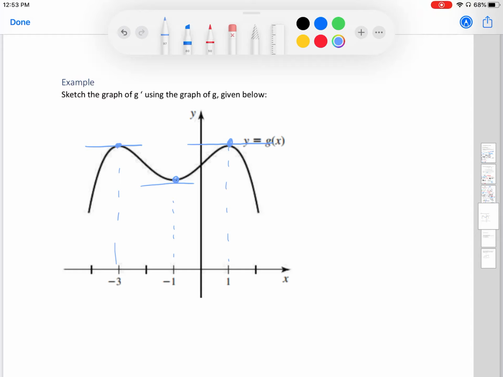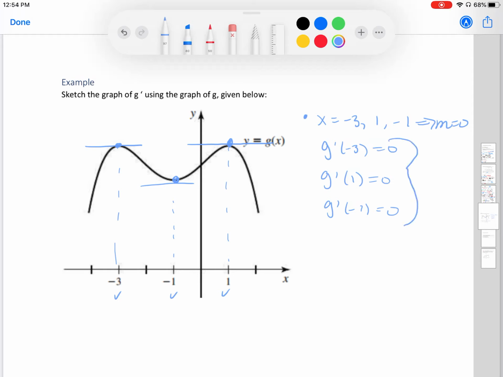So we have these values where x equals -3, -1, and 1, where you have a slope that is 0. It's a horizontal line. If that's the case, if your slope is 0, then your derivative, g prime of -3, g prime of 1, and g prime of -1 are going to equal 0.